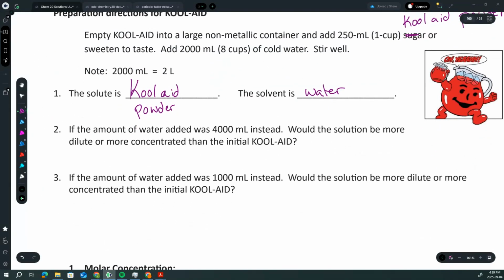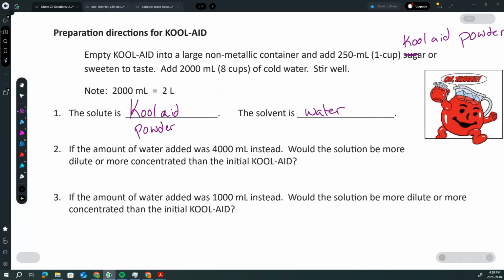Okay, question number 2. If the amount of water added was 4,000 milliliters instead, would the solution be more dilute or more concentrated than the initial Kool-Aid? All right, so let's compare how much solvent we had to begin with.